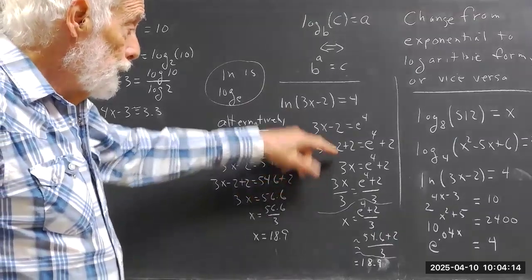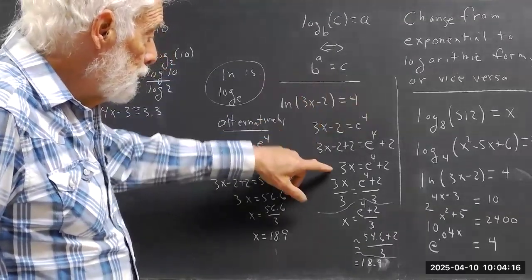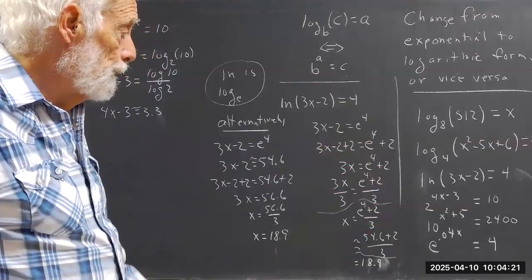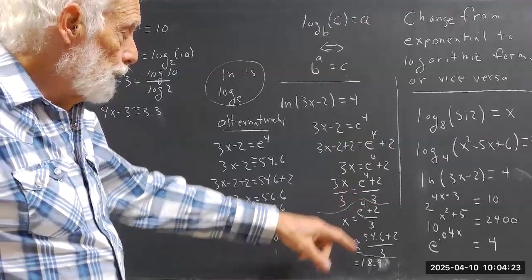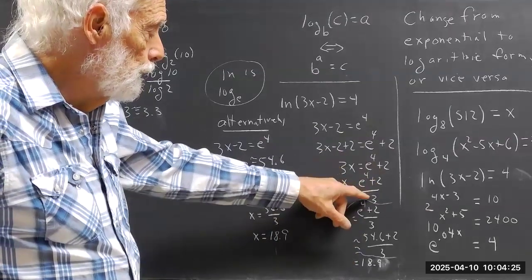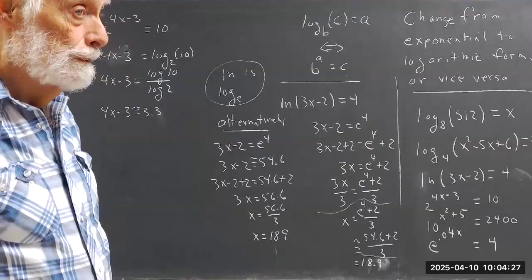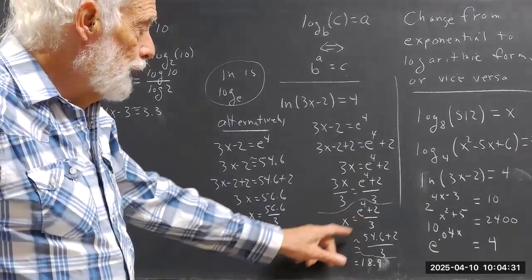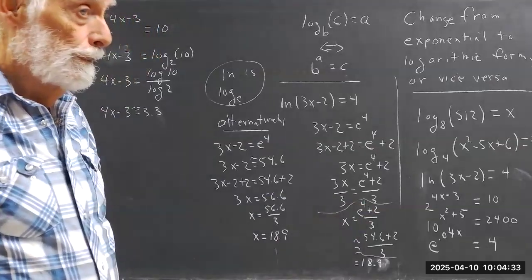Because we can add 2 to both sides, and we end up with 3x equals e to the 4th + 2. Then we can divide both sides by 3, and we get (e to the 4th + 2) divided by 3. So we have this, and now we can plug it into the calculator.